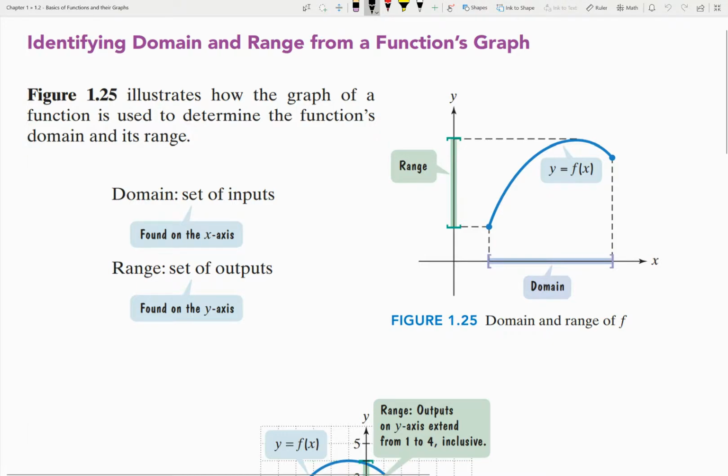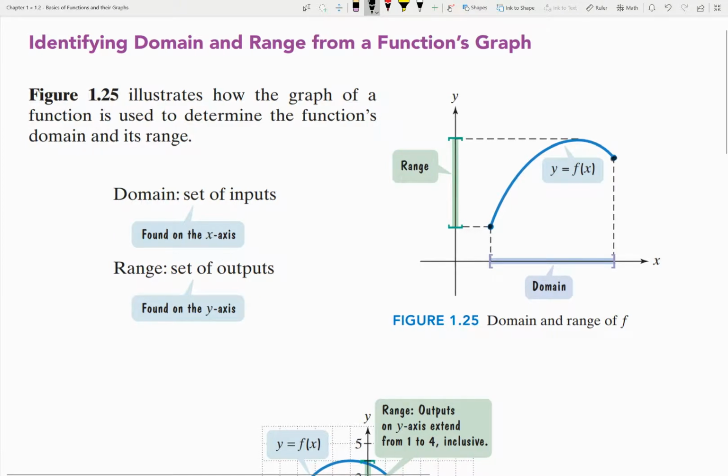So the domain is the set of inputs, range is the set of outputs, the x's and y's. And because of these solid dots, we're going to represent the domain in this particular function with brackets in between two numbers, and the range up and down in between two numbers. We just have to figure out what those numbers are.